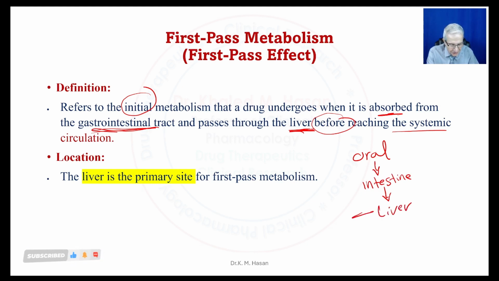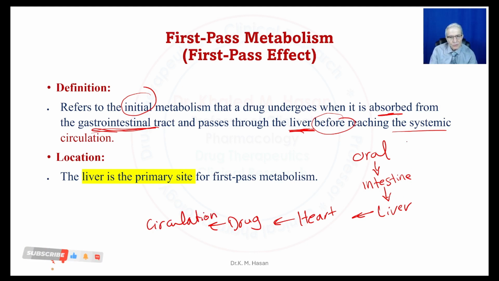Okay, from the liver, the drug will come back to the heart. Okay, the heart will pump the blood to the systemic circulation. We call this process first pass metabolism. So you can see here the drug arrived to the liver for the first time before the drug arrived to the circulation.